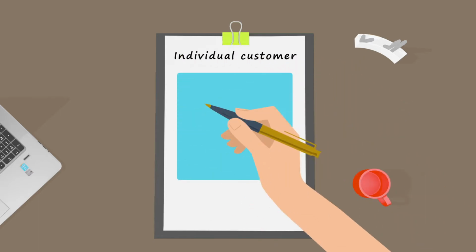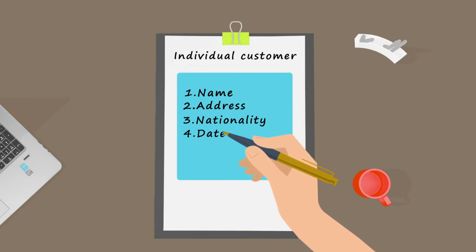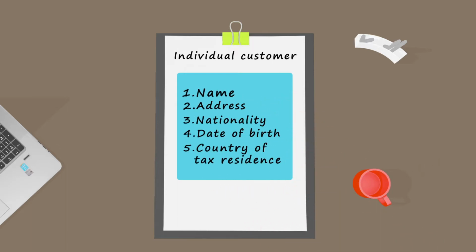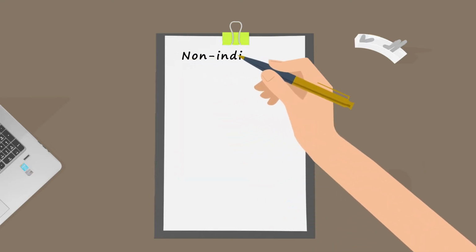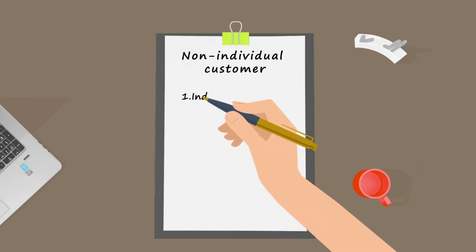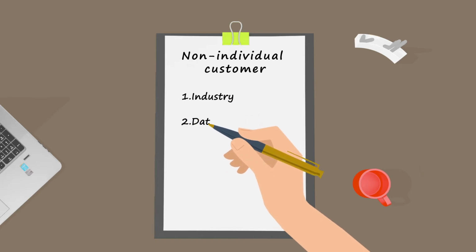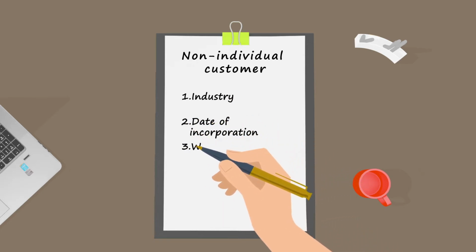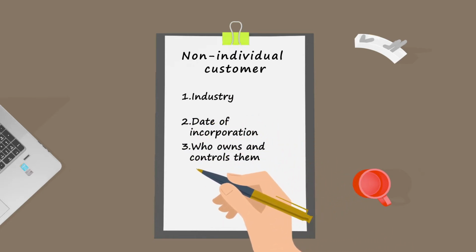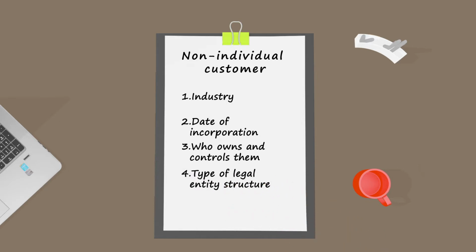Here are some of the data fields that you need to pay close attention to for an individual customer. Name, address, nationality, date of birth, country of tax residence. For a non-individual customer, information about the industry they operate in, date of incorporation, who owns and controls them, type of legal entity structure.